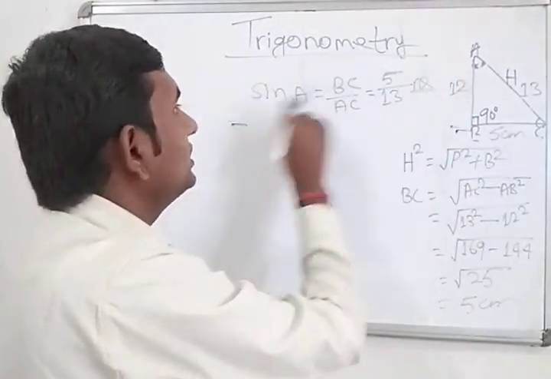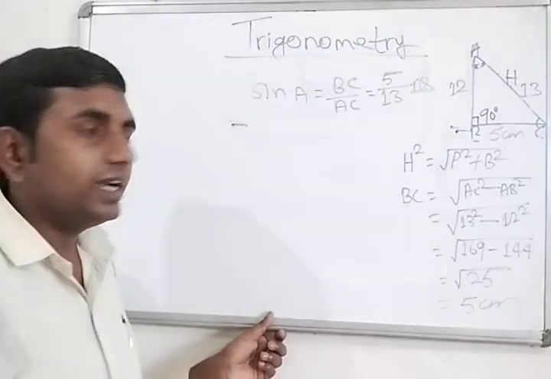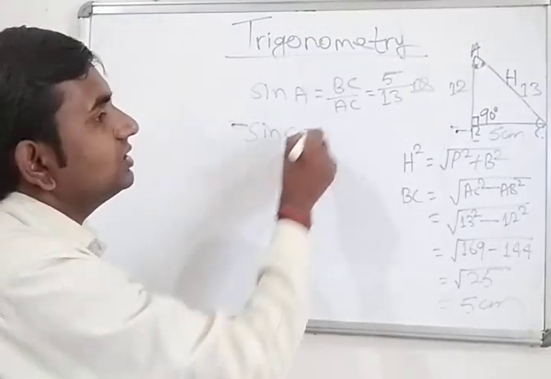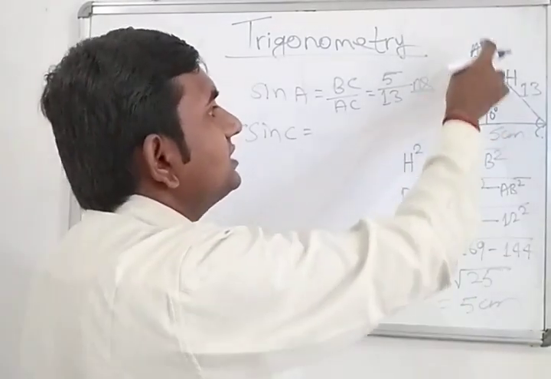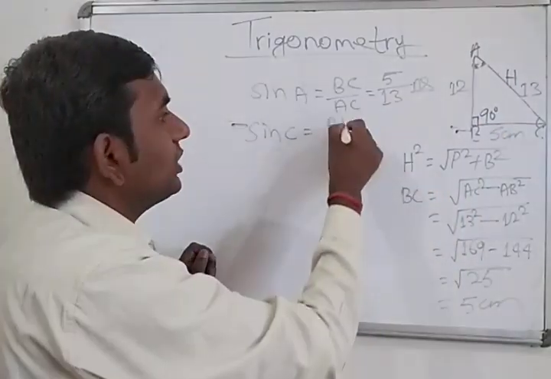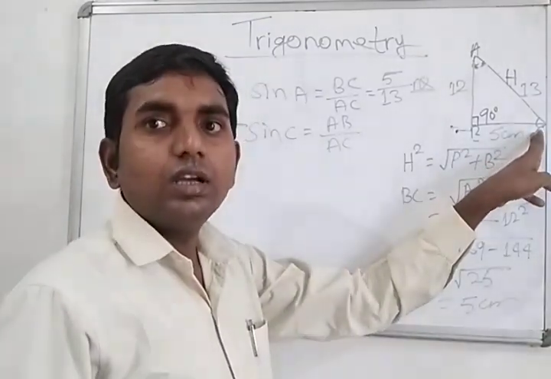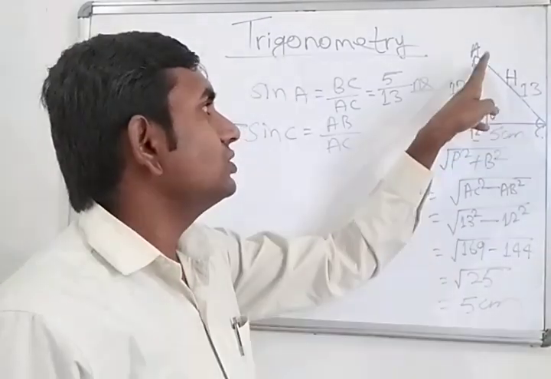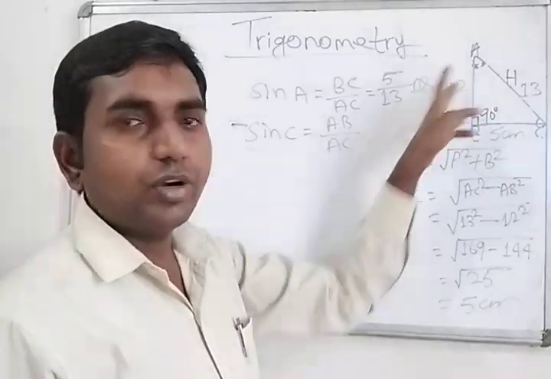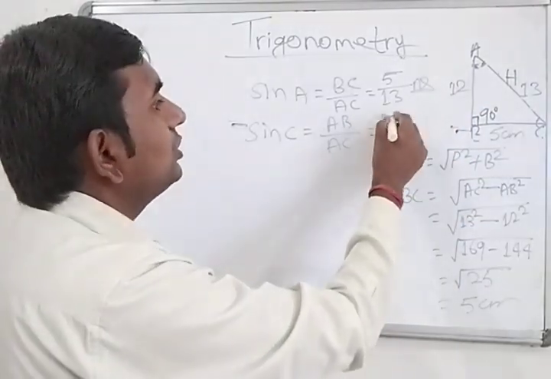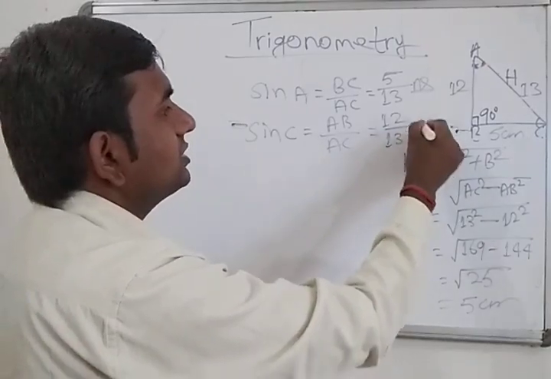Sin A is equal to 5 by 13. In the same way, if you want to find sin C, then sin C is AB by AC. Why AB by AC? Because in comparison with angle C, this side AB is the perpendicular. So we have 12 by 13 as the answer.